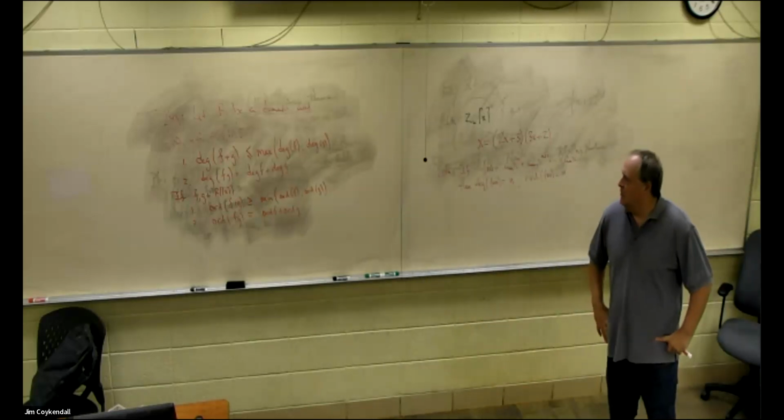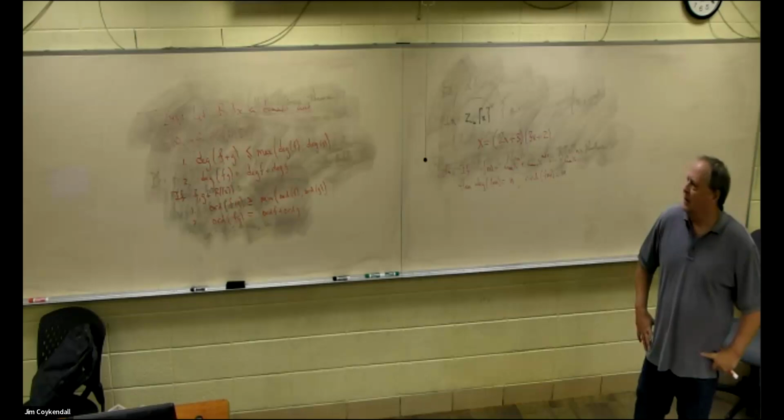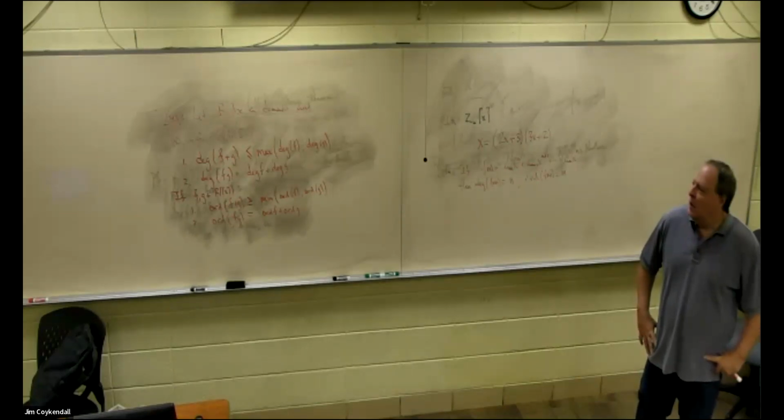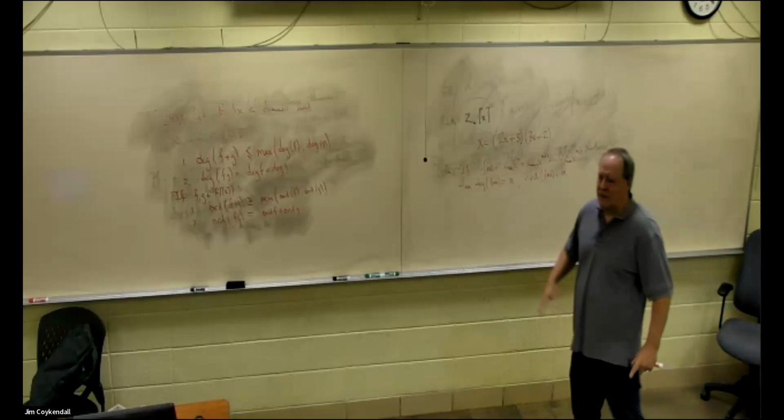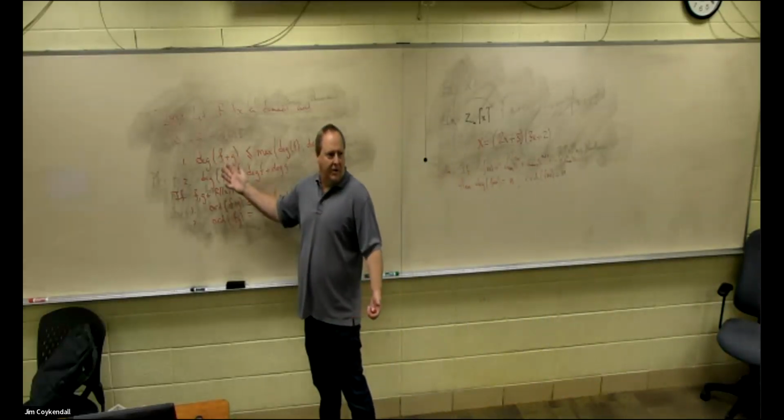And to make this, hold up, how would we have to define the degree of the zero polynomial? One of the things we could do is state this theorem by saying, assume that F plus G is not zero.